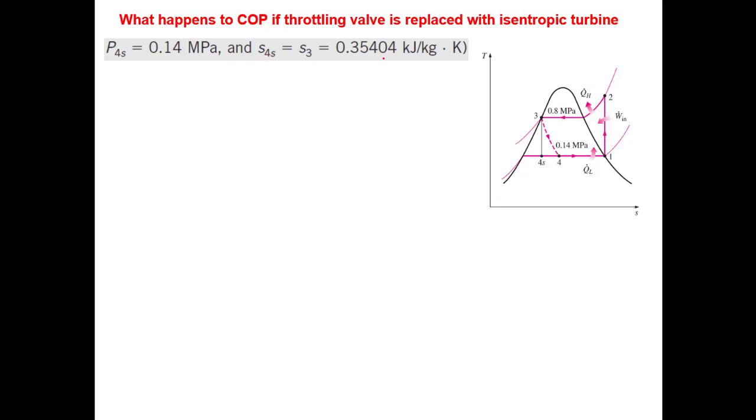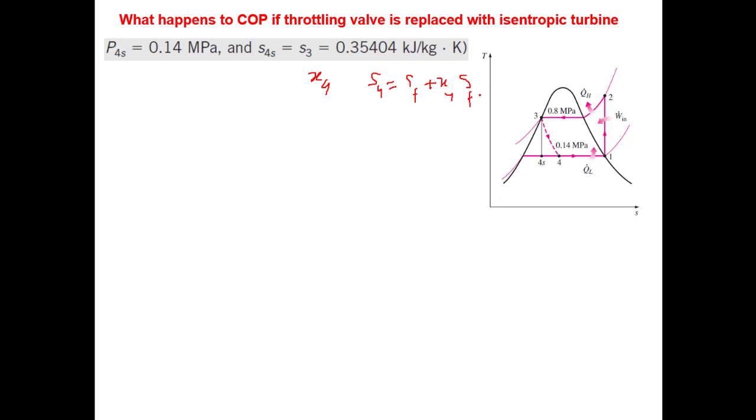So since this S4 is in a mixed region, first of all, we need to calculate the value of X4. So how do we normally calculate X4? We can calculate it from S4 is equal to Sf plus x4 times Sfg.